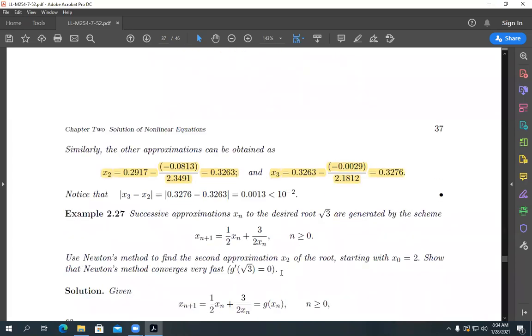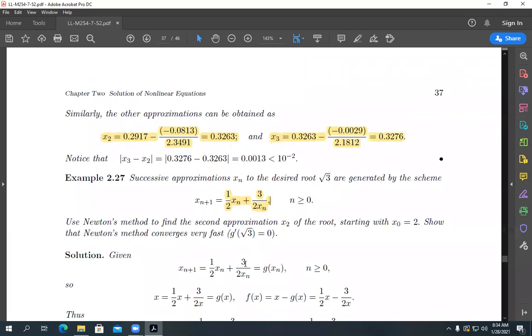Okay. This is the same example. This is your g of x, and you can write it like this. Now this one is slightly different. It says successive approximation to the desired root, this is your alpha.